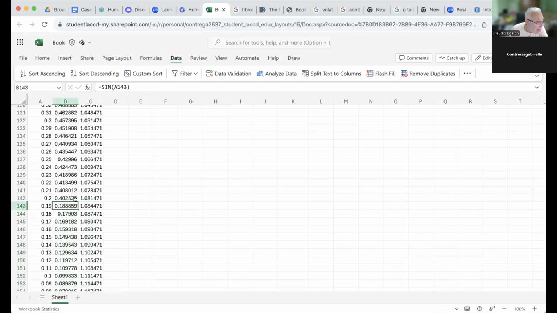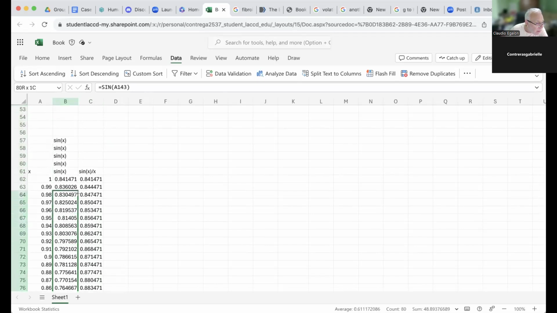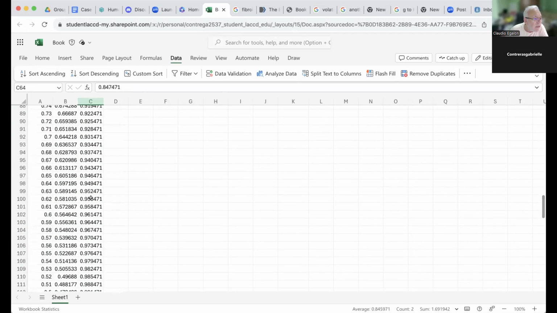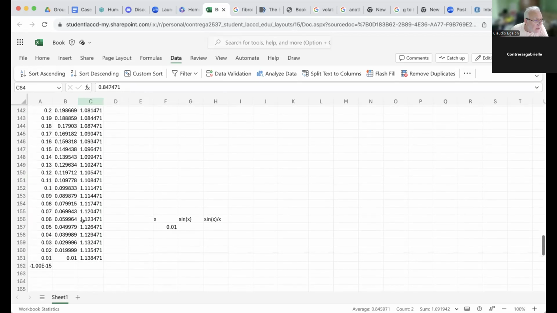Click and drag upwards. The little square, yeah, here you go. Good. We'll keep on going up. Okay, now click there. For some reason you have just the numbers there. You don't have the formula. Strange.